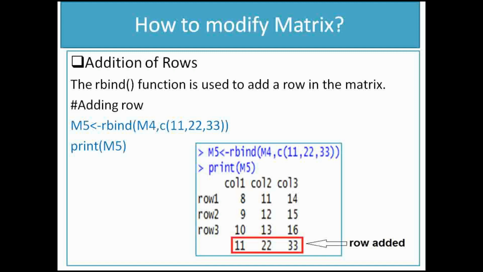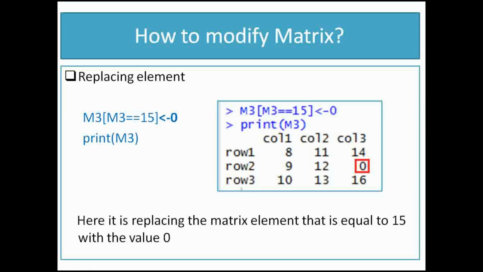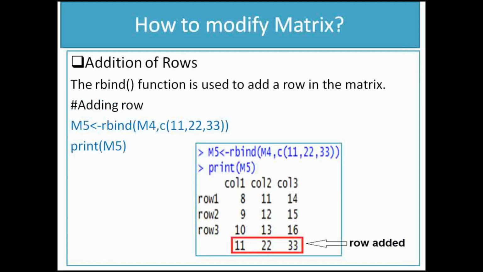Another point I want to mention is that in the previous case I just added to the matrix and printed it, but I did not assign it to a new variable. Here, not only have I added a row, but I have assigned it to a new matrix, M5, and I am printing it. Here also we can see that a new row is added in the matrix.